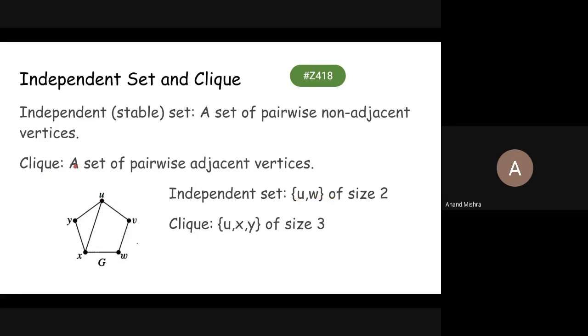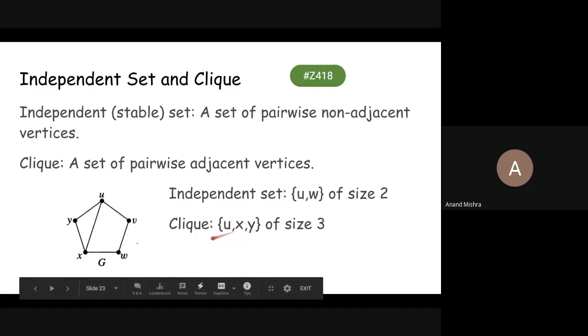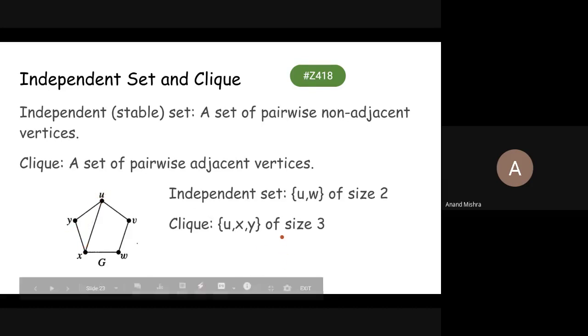A clique is just the reverse concept. A set of pairwise adjacent vertices, right? A clique contains elements and those elements are connected to each other. For example, U, Y and X. This is a clique of size 3 because everything is connected to each other. But XW is a clique of size 2.